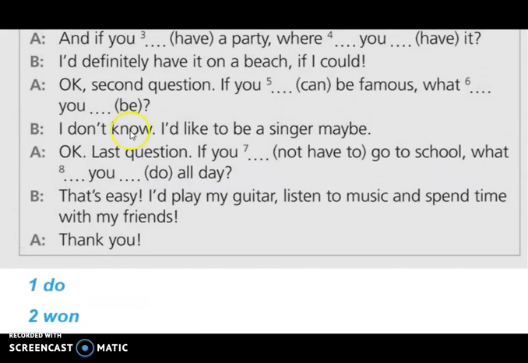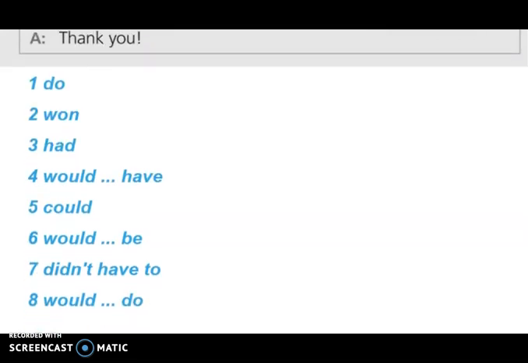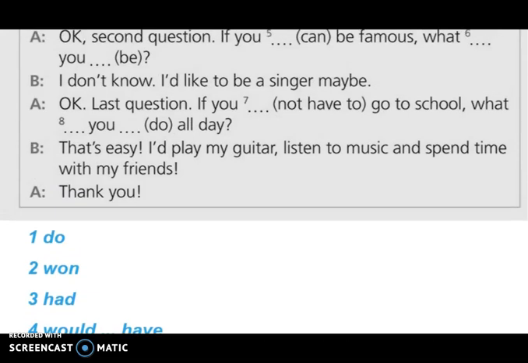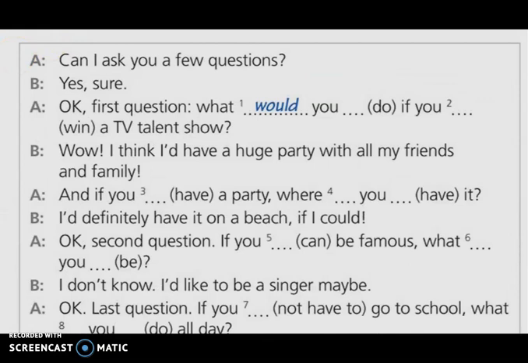Next one, 7, last question, if you, with the negative form we used in the if part, didn't. So if you didn't have to go to school, what would you do all day? So didn't have to and would do. That's all. Now we're going to listen and check the answers.